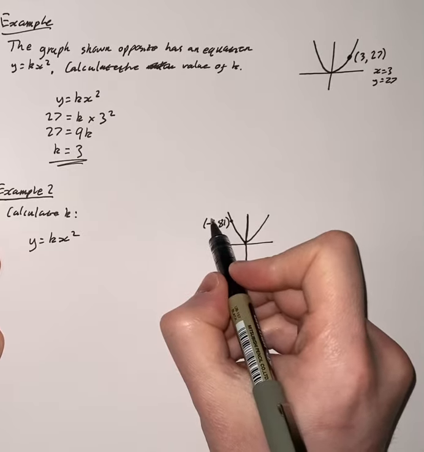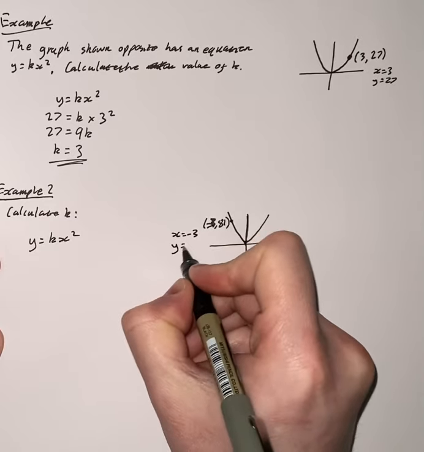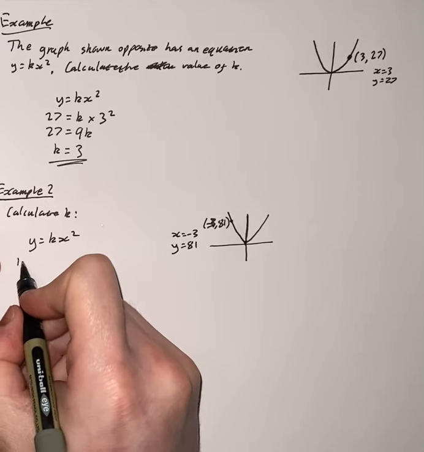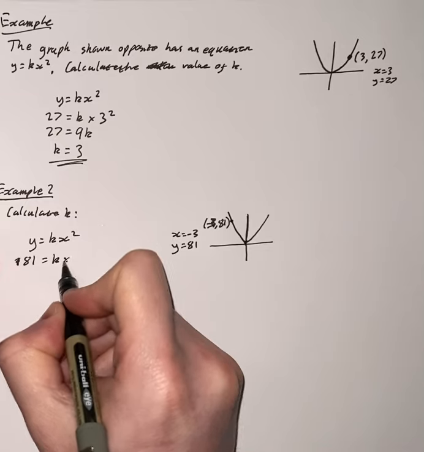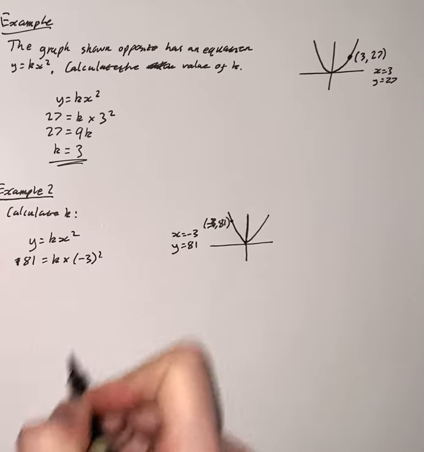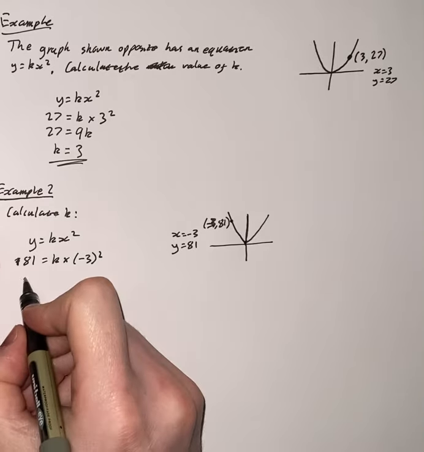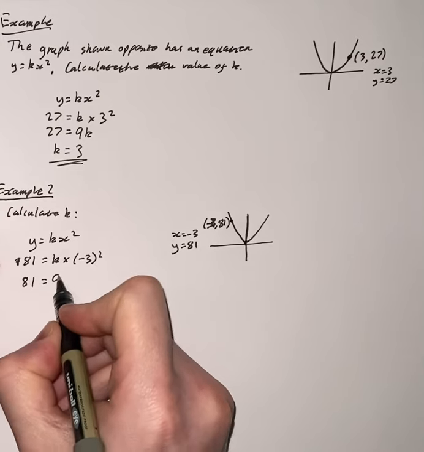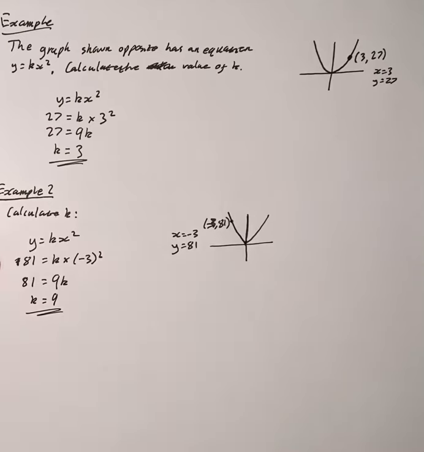Okay, this time we've got x equals -3 and y equals 81. And so we're just having to bear in mind, right, well, y is 81, x is -3, so all we're doing is just substituting those in for x and for y. -3 squared, remember negative squared becomes a positive, so again, 9k, so this time k equals 9, nice and simple.